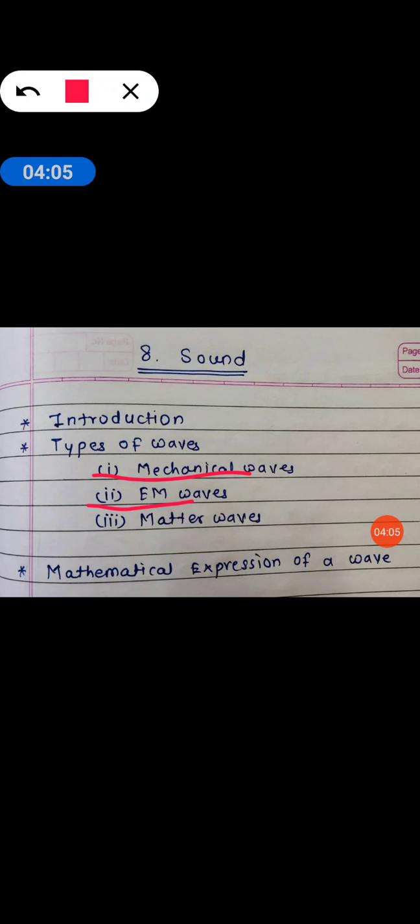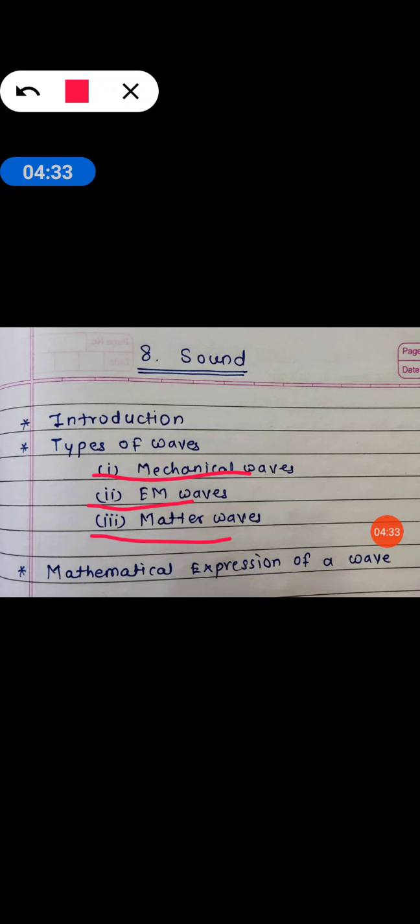Then we go to the third point, matter waves. There is always a wave associated with any object if it is in motion. What does the definition say? A wave associated with any object when it is in motion.